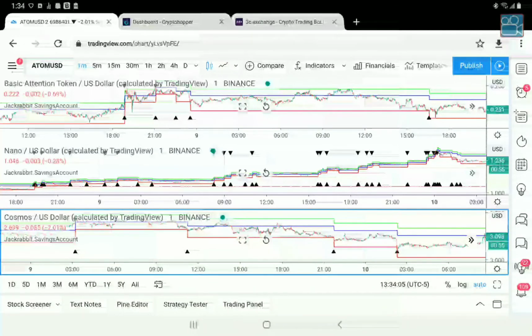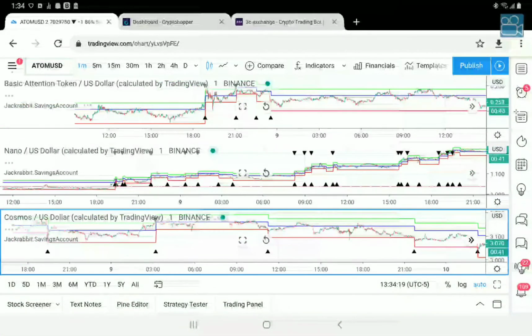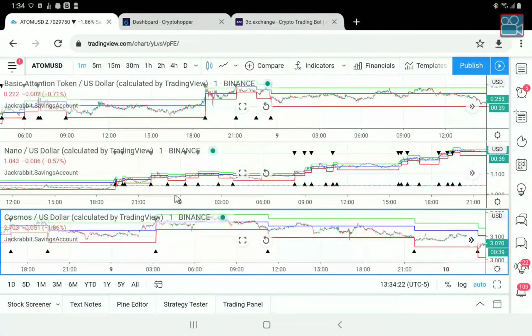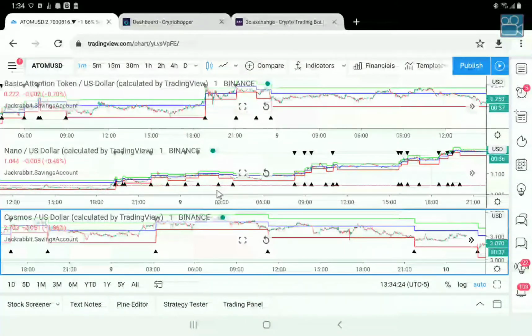For example, XRP or XLM are less risk, but they don't perform as well as Nano for my particular risk assessment and financial situation. As you can see, it has a lot of opportunities for both buying and selling, far more than both BAT and Atom.